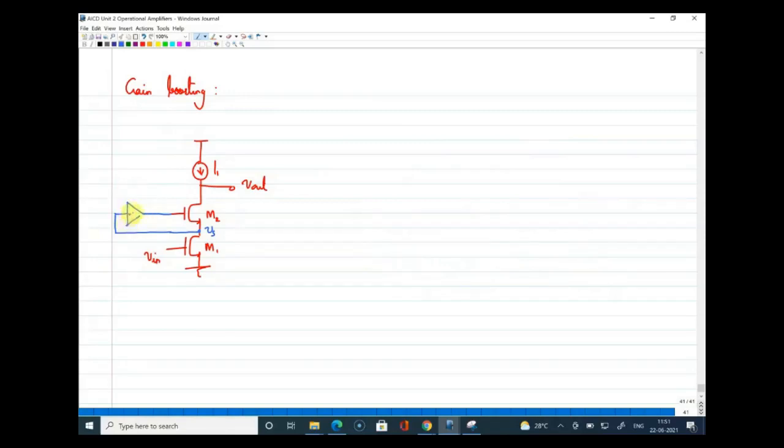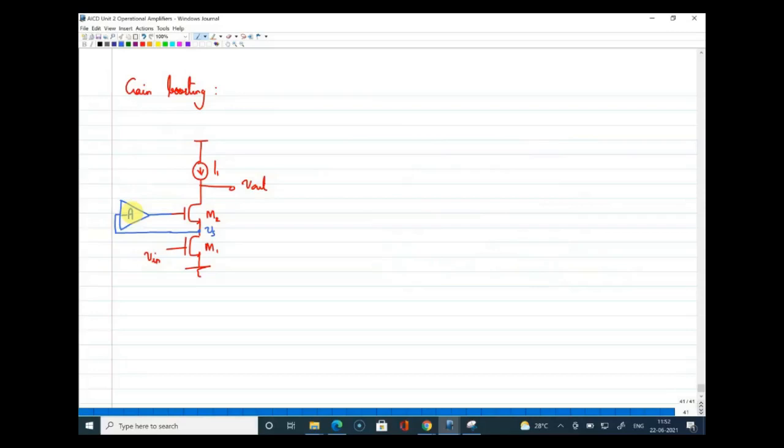I'm marking it as minus A. So it senses the signal from the source of transistor M2 and feeds that signal back to the gate through an amplifier which provides a gain of minus A.